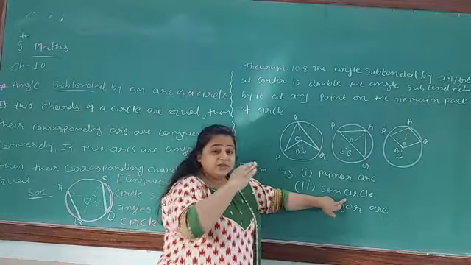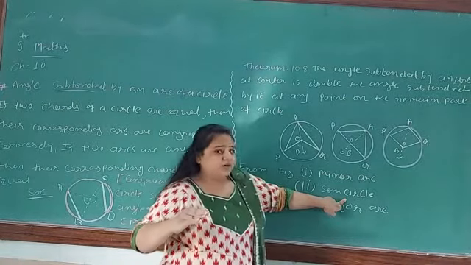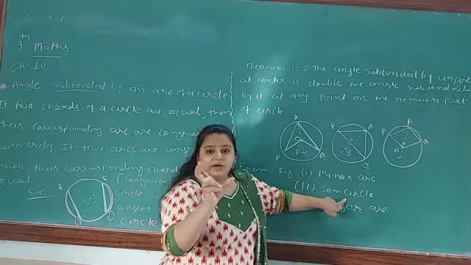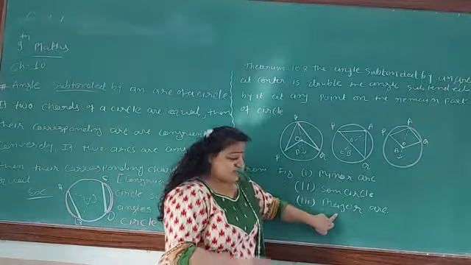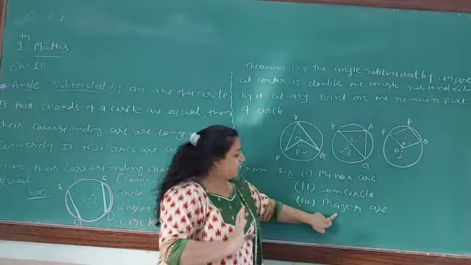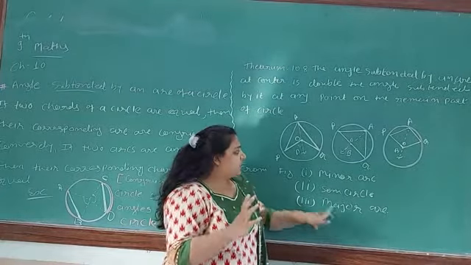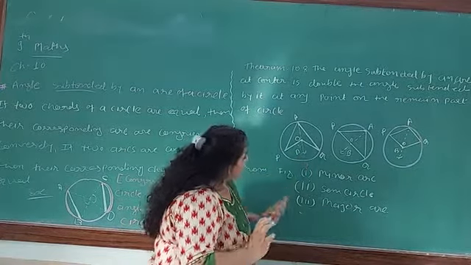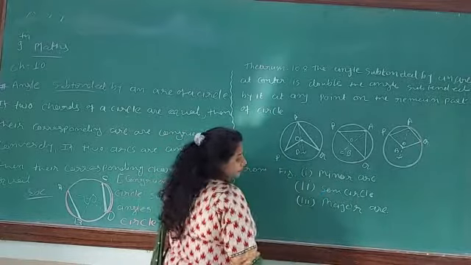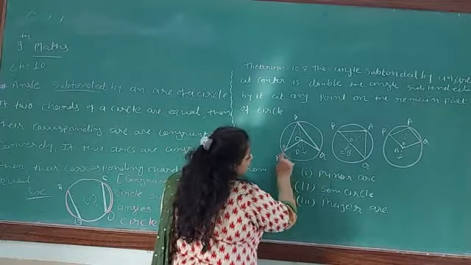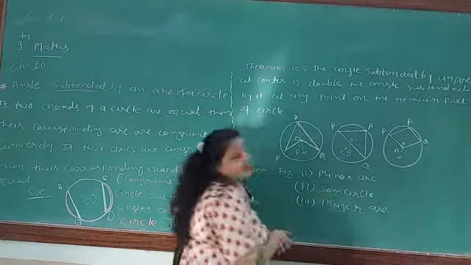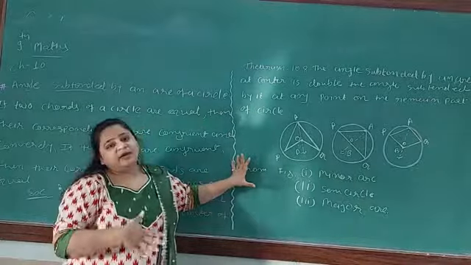A semicircle means a line segment passes through the center of the circle, or in brackets, the diameter. And the last, major arc, means a bigger part is covered by the arc. That is known as a major arc. According to the theorem, all the diagrams are given: minor arcs, semicircle, and major arcs. So this is our diagram of the theorem.